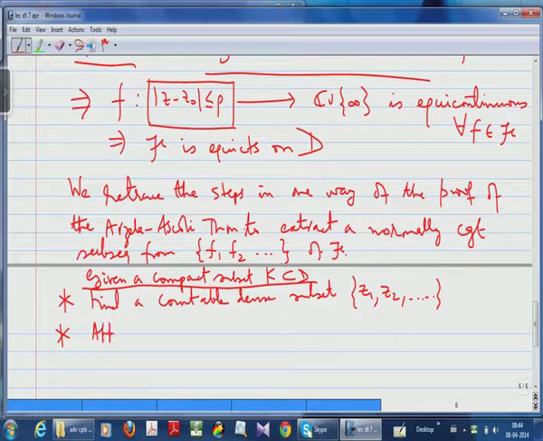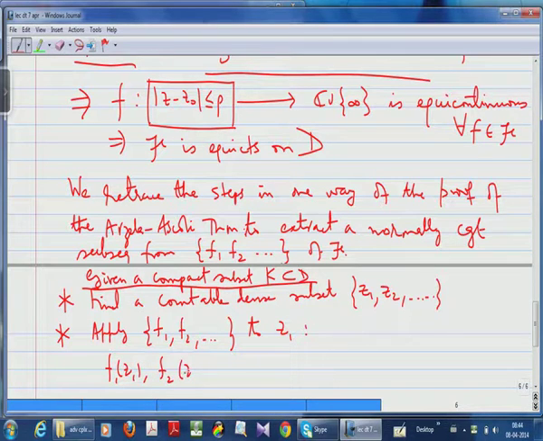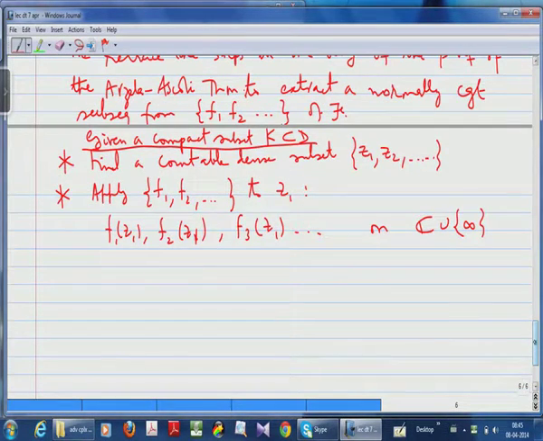That's the whole point. So apply the sequence f1, f2 to z1. What will you get? You get f1 of z1, f2 of z1, f3 of z1 on the Riemann sphere. Okay, but this is compact. It's a compact metric space, so it's sequentially compact.